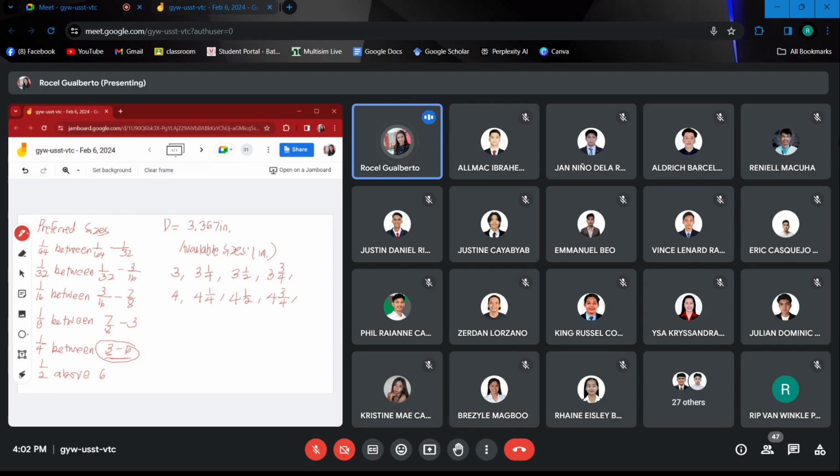What is next after 4 and 3/4? 5. And then 5 and 1/4, 5 and 1/2, 5 and 3/4, and then last would be 6. Because the range is from 3 to 6 only. Okay? So these are our available sizes. Those are the standard sizes.